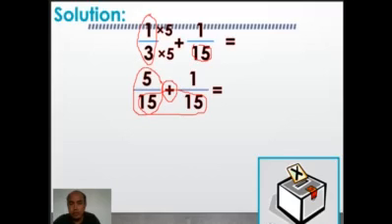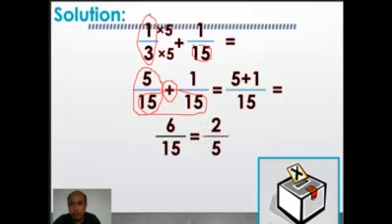So 5 over 15 plus 1 over 15: 5 plus 1 over 15 gives you 6 over 15, and we will reduce that to the lowest terms, which gives us 2/5.